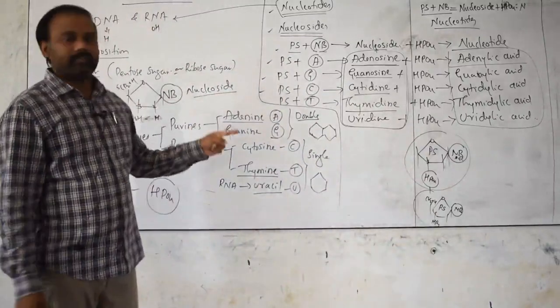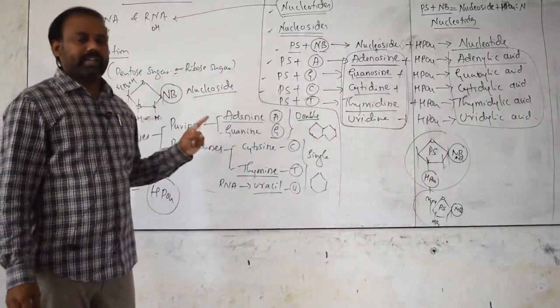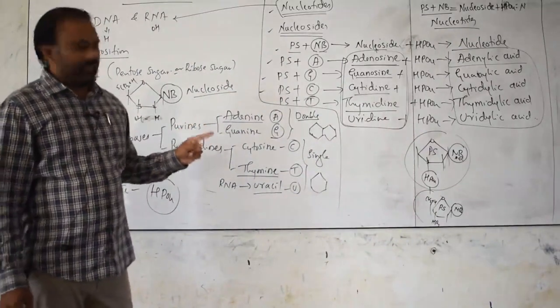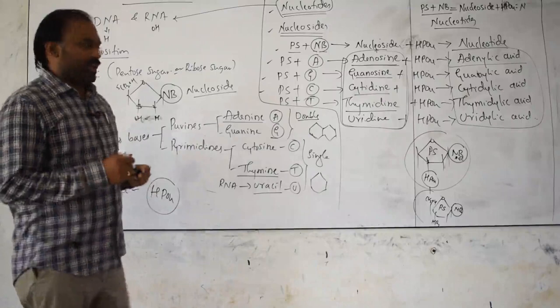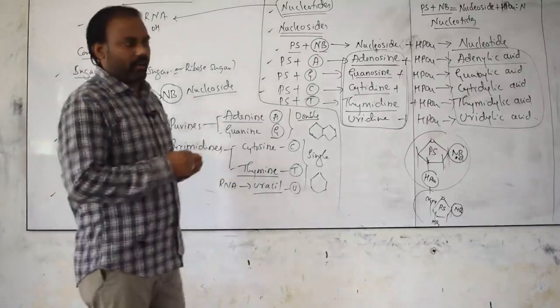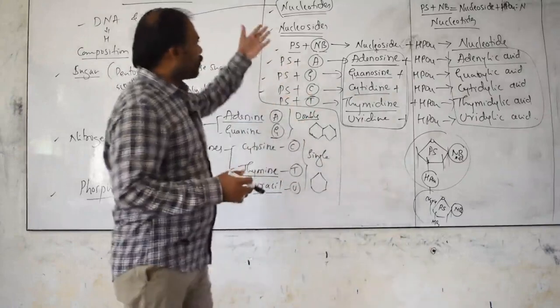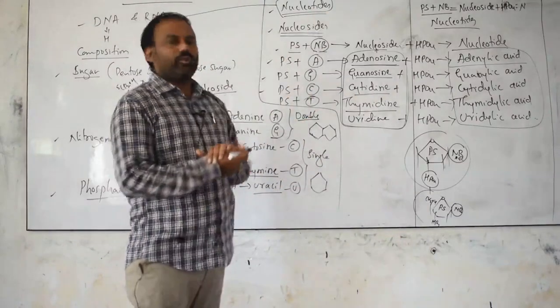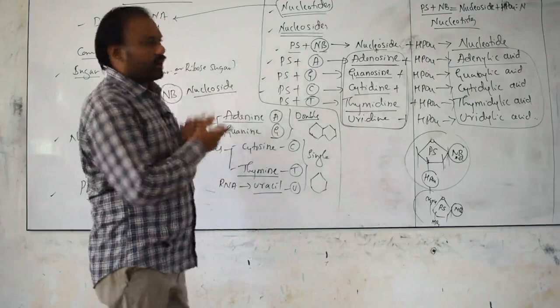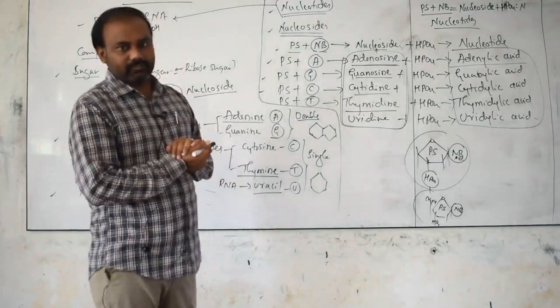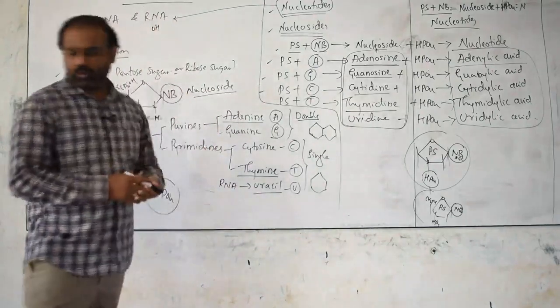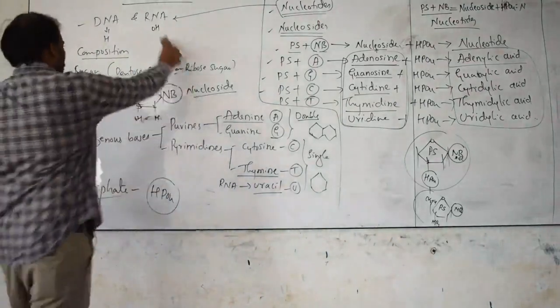Very simple to understand. Definitely in the examination they are going to ask what DNA or RNA mean, what is the fundamental difference, where they are present, and what the nucleosides and nucleotides are. So this is how to write in the examination. We'll move on to the next topic.